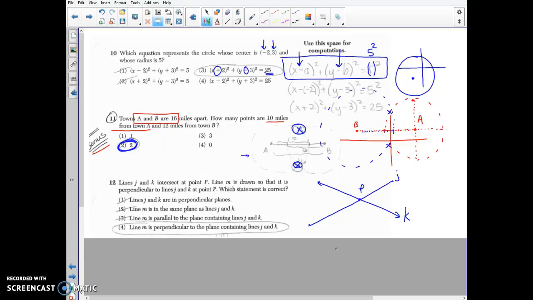The only way that I can get M to be perpendicular to J and K is if it would be sticking out of the paper. Imagine a 3D visual, if you will, of sticking your pen straight through a piece of paper. Those 2 lines, J and K, are on the paper, but your pen is actually sticking straight out of the paper. And that's what I'm trying to demonstrate here.